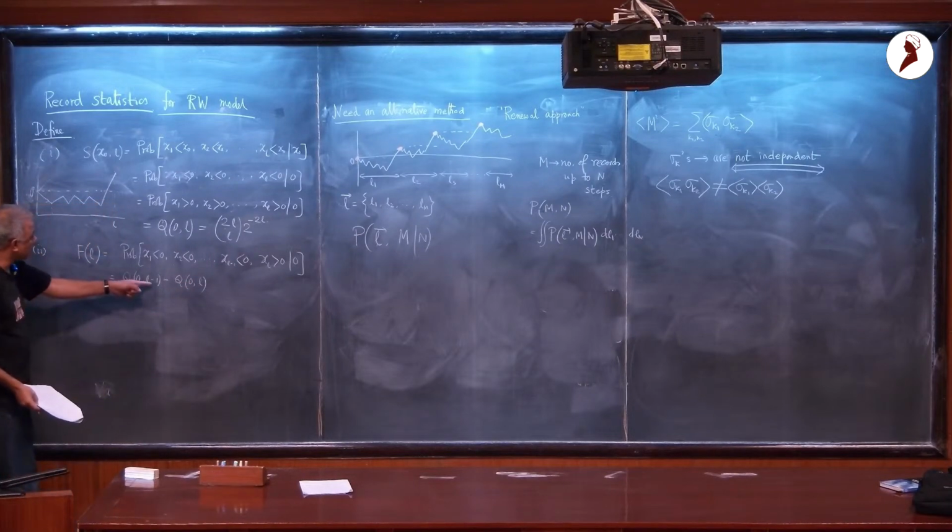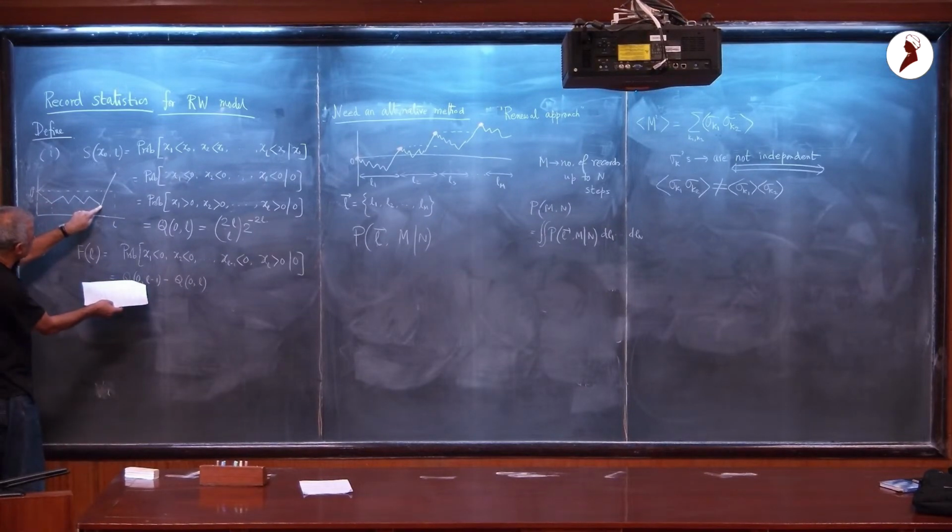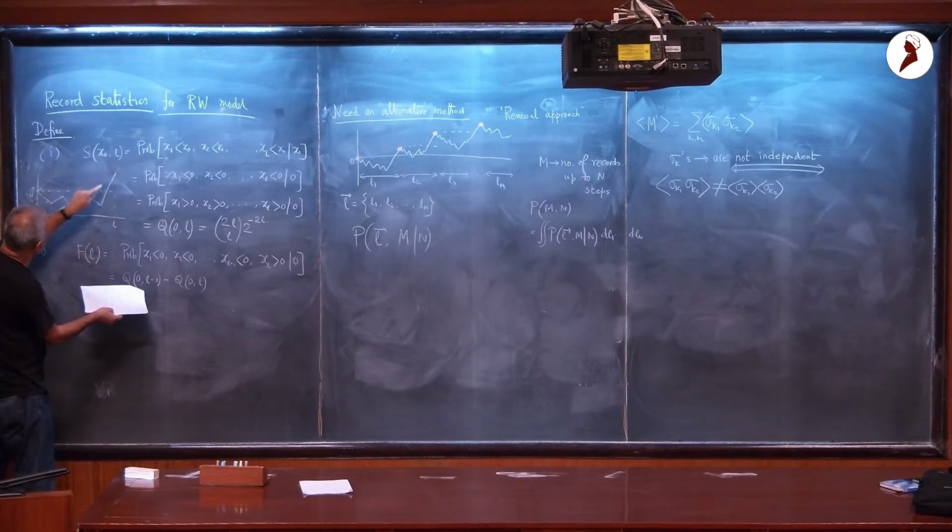Because Q0,L minus 1 is the probability that you stay negative up to step L minus 1. Out of those paths, some of them will cross the origin, the starting point, exactly between L minus 1 and L, and some will continue to stay negative.